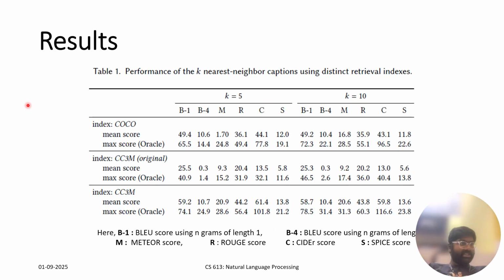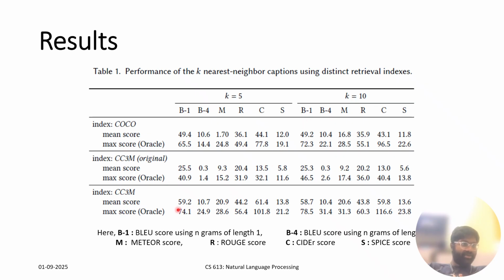Coming to the results in this paper, we can see that increasing the number of retrieved captions also increases the maximum scores that we get. You can also observe the baseline and the improvement from using RAG. Here we only got 25.5, but here we got 59 using RAG.